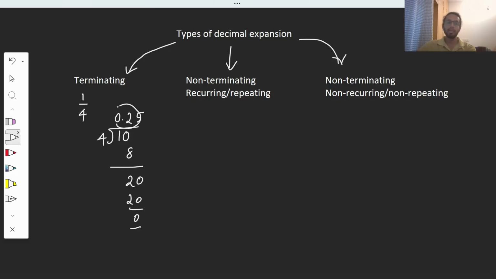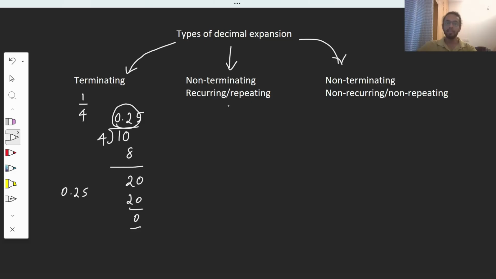So whatever we get here, 0.25, that is the decimal expansion of 1 by 4. And as we can see here, we have got the remainder as 0, which means it has stopped. So we call it terminating decimal expansion.